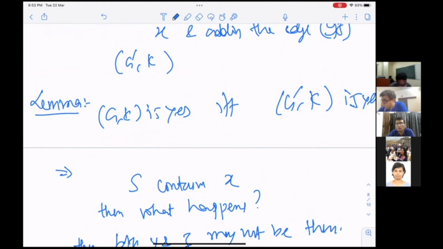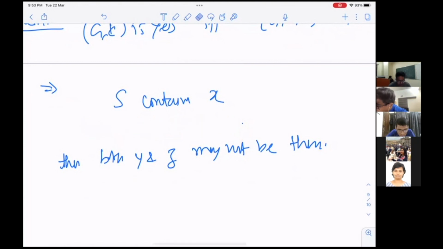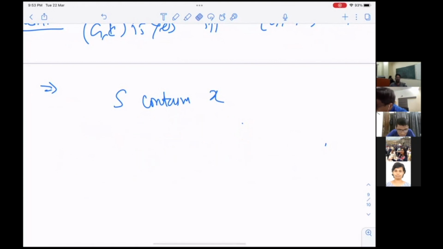Okay. So there are two cases. S contains X. Suppose S contains X. Then the first case is that none of Y and Z are present.